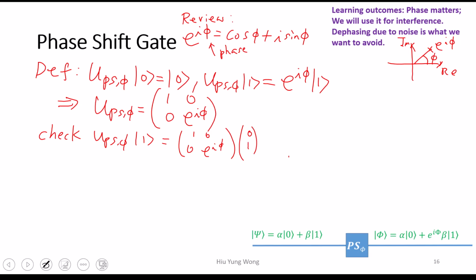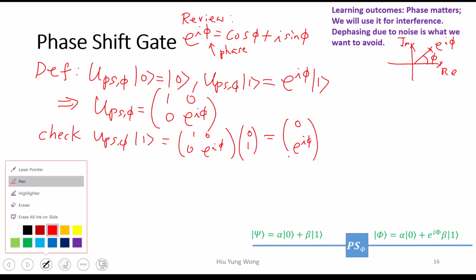Correct? Everyone agree? 1 is 0, 1, right? So you do the multiplication, what do you get? What is the top element? 0, correct? And what's the bottom element? e to the i phi, right? Let me write it one more time.